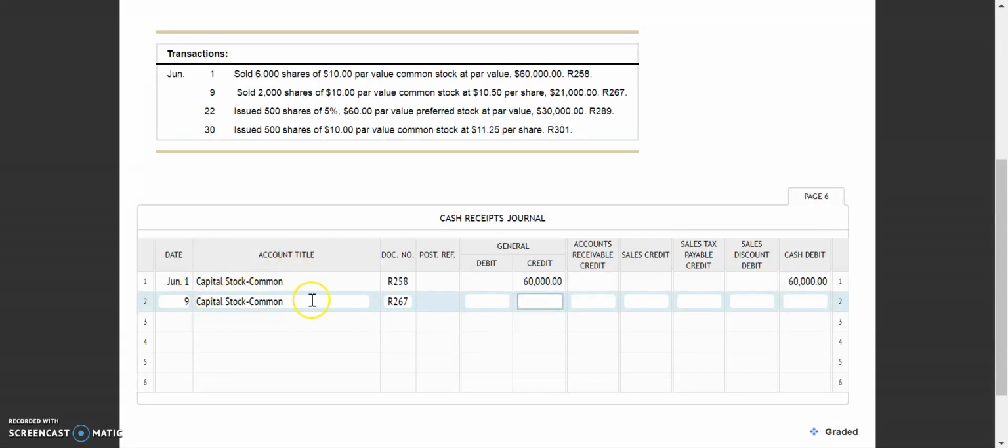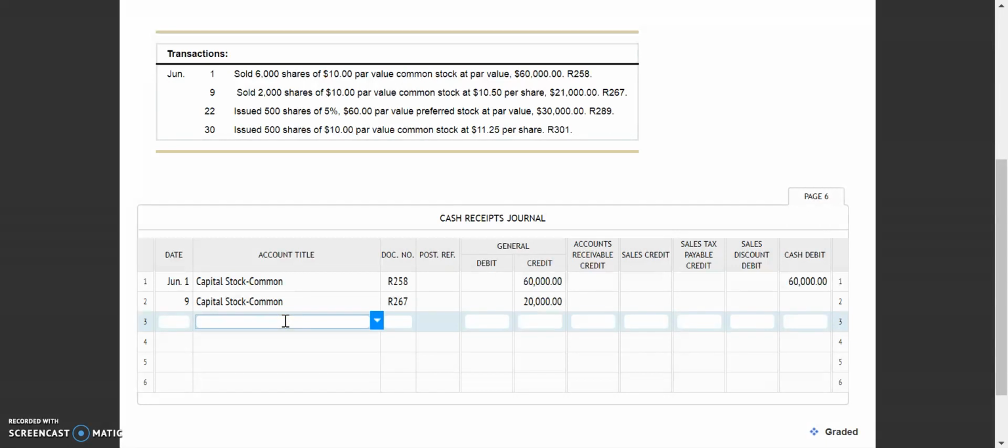So the part that's going to capital stock common is the 2,000 times the $10. So that's actually $20,000 when you do that. And then let's go to our next line and record our paid in capital in excess of par common stock.